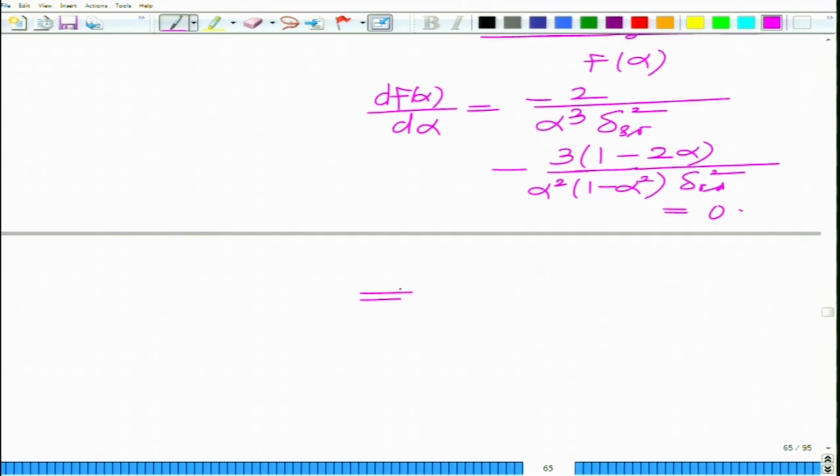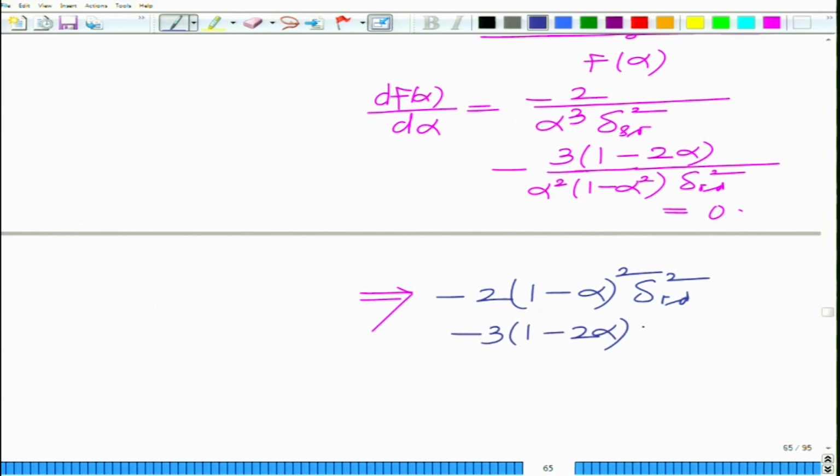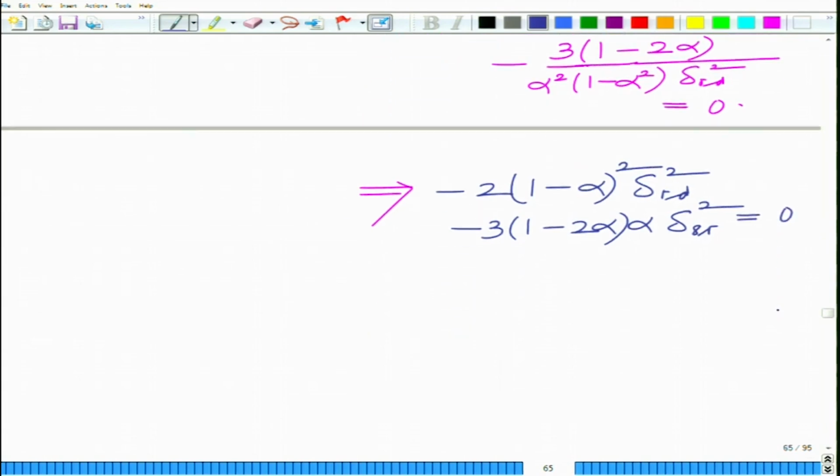This implies minus 2 (1 minus alpha) square delta RD square minus 3 (1 minus 2 alpha) alpha delta SR square equal to 0.